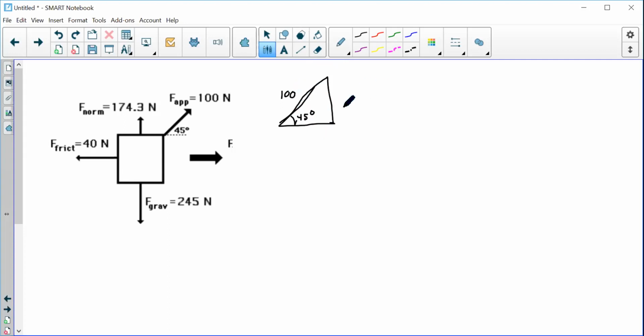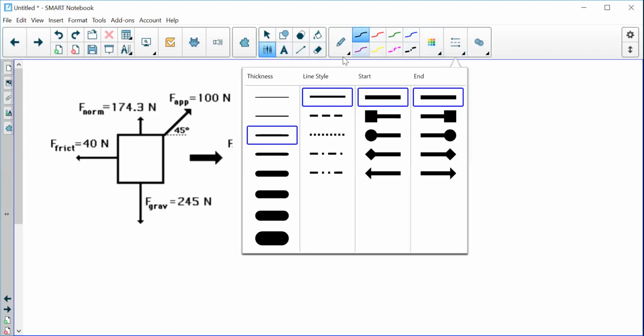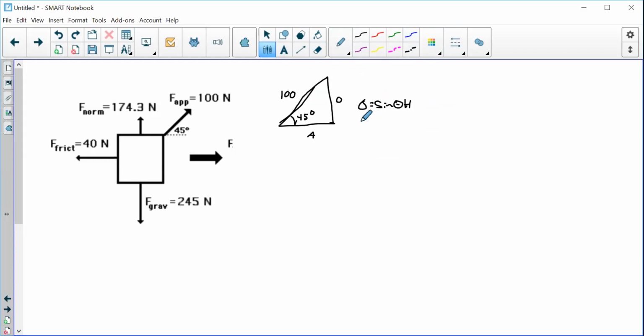So go ahead and find the 2 leg lengths. You're going to have an opposite leg length here and an adjacent leg length here, remembering that opposite is equal to sine of the angle theta times the hypotenuse, and adjacent is equal to cosine theta times the hypotenuse.